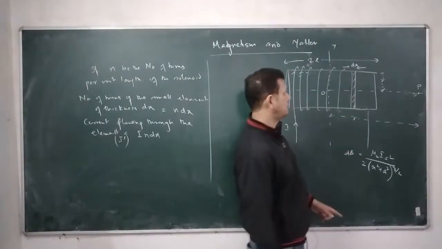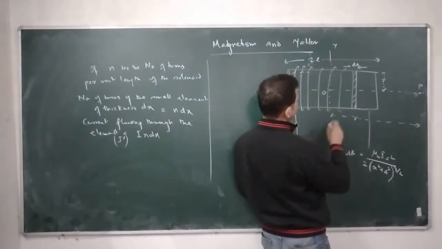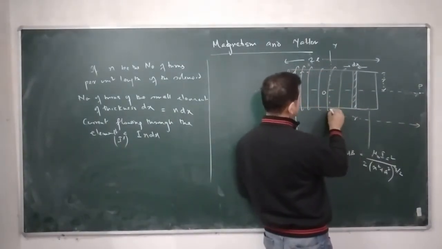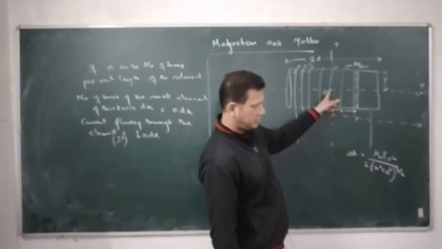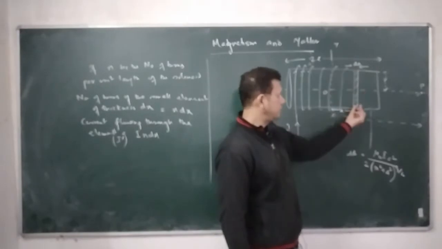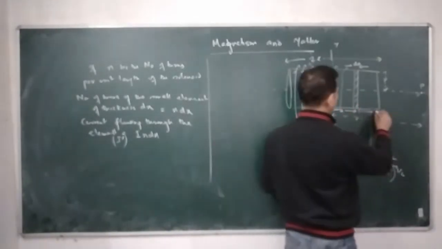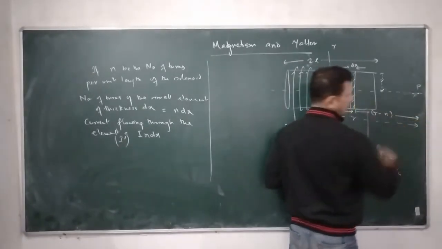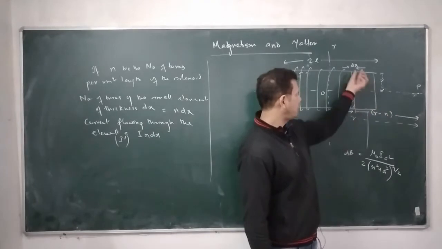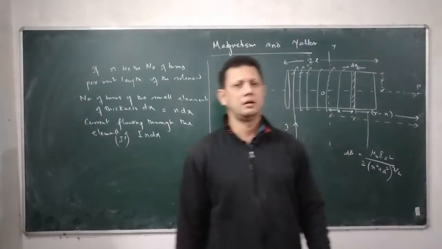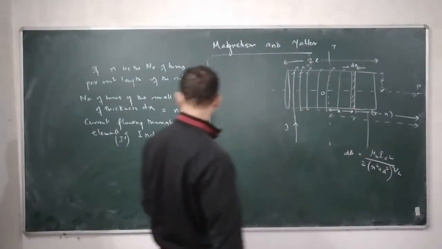So here, let us consider that from the center of the solenoid, the distance of the loop that we have considered is suppose x. So this much distance will be how much? r minus x. So the point P is at a distance of r minus x from the loop, or from the small element which carries a current of how much?